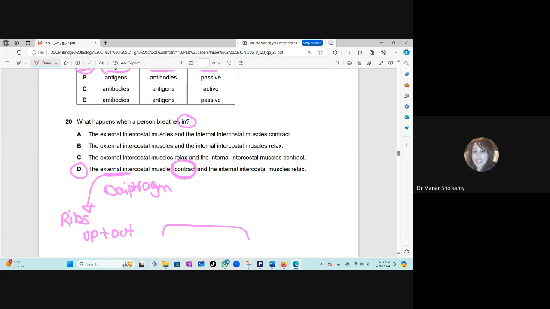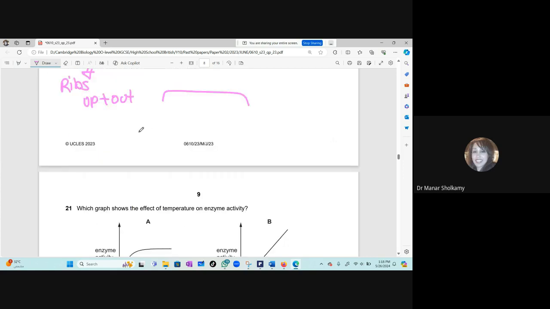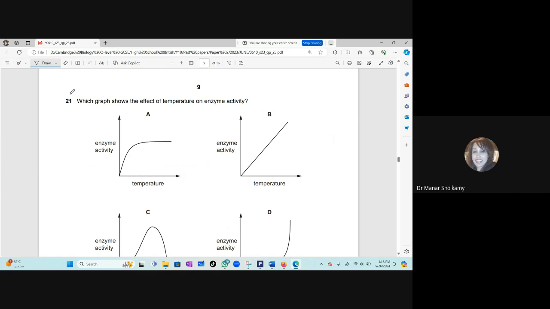Again, for the same reason, so that the volume inside your chest increases and the pressure decreases, and you take air in. Now, as the external intercostal muscles contract, the internal will relax because they are antagonistic. And we always study it this way, that the diaphragm and the external intercostal muscles, they're friends. They either contract together or they relax together. So good, we revised the muscles in your respiratory system.